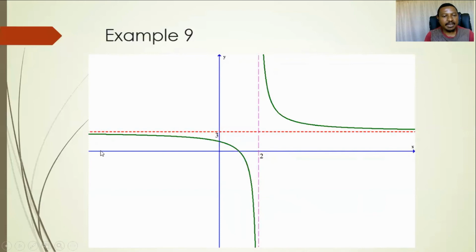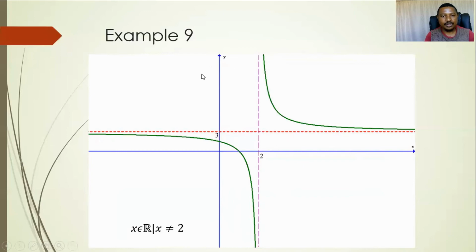So if now we have to define the domain for this function, it will be all of x, because it is defined everywhere else except at 2. So the domain for this function would be x, an element of real numbers, such that x is not equal to 2. And now if we're looking at the range, you can see there it is defined.